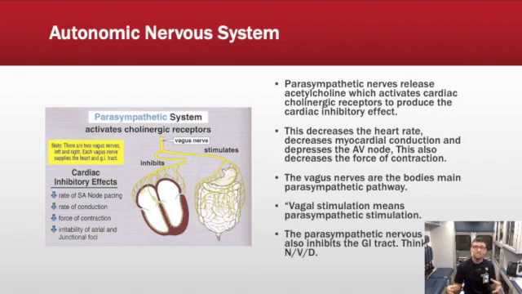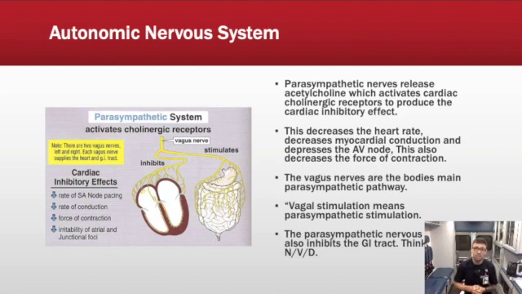So again, sympathetic nervous system or your parasympathetic nervous system, this is opposite of what we just learned, right? The sympathetic nervous system increases the rate of conduction. It increases your SA node pacing. It increases your force of contraction and increases how the electricity is actually getting across those membranes.